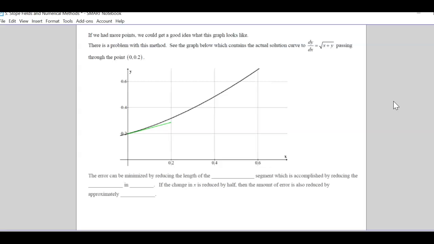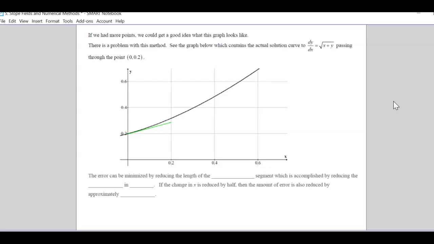Okay, so on the graph, the actual graph is done for you. We are going to sketch these. So 0, 0.2 is done. 0.2, 0.289. You can see it's off already.